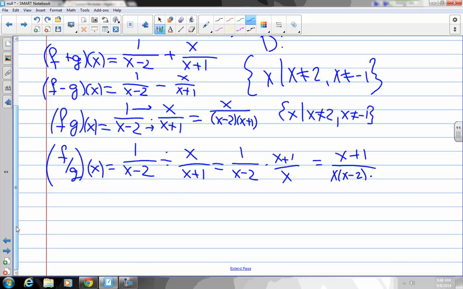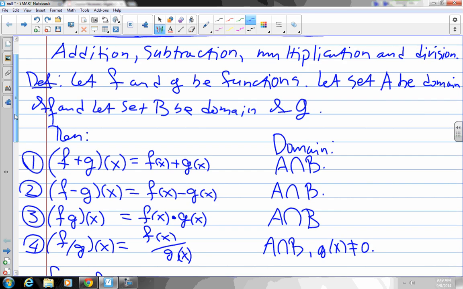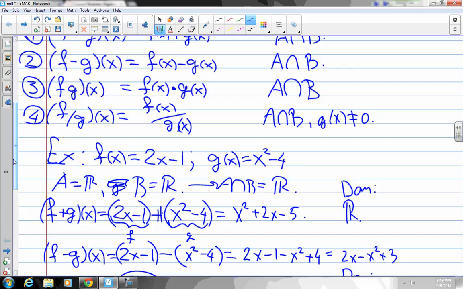So the big question now is, what is the domain of that new function? So let's go back to this point, right? This is what we agreed on.